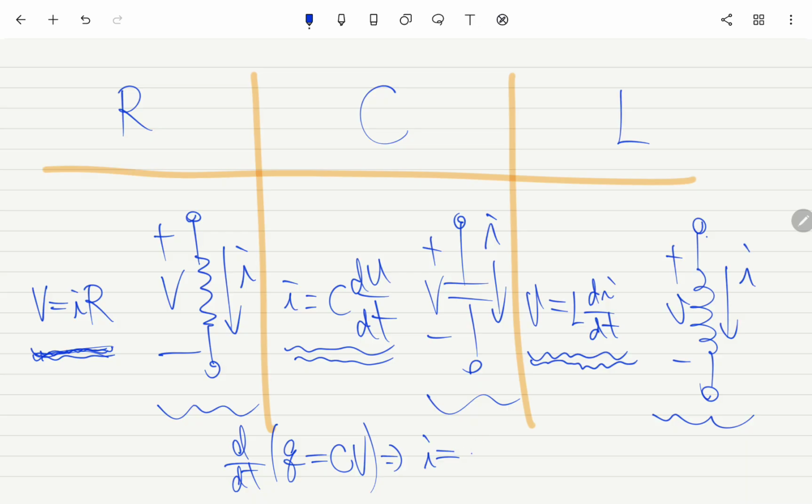On the right side, the derivative with respect to time of C times V: C is a constant, just like the inductor is constant and the resistor is constant. So we just put C outside, and we have dV dt. So this is I equals C dV dt.